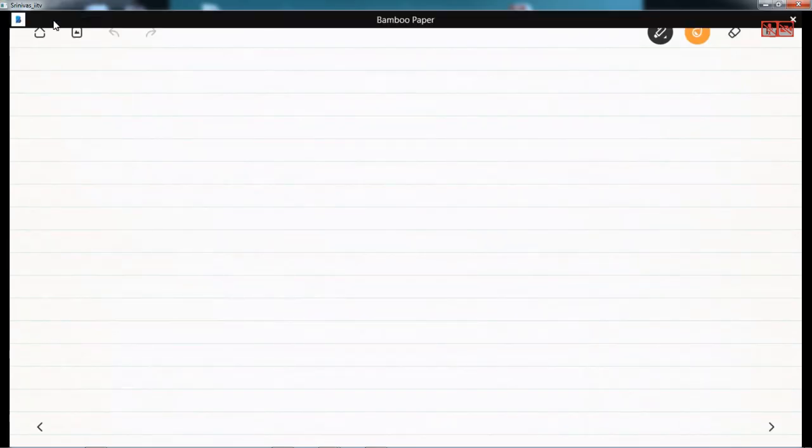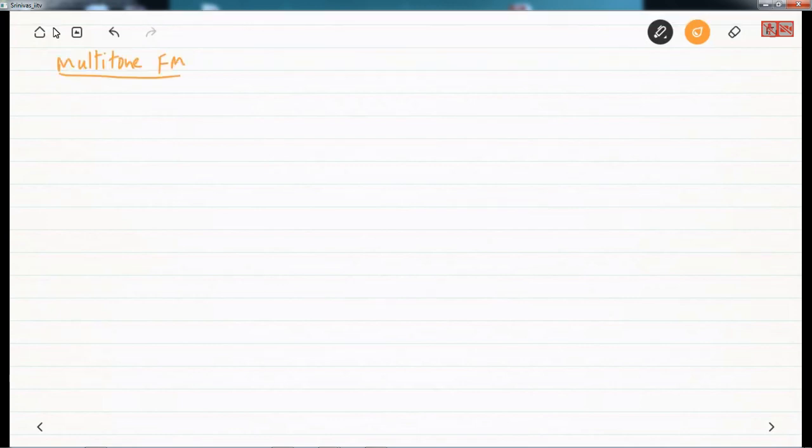So what we are trying to do is multi-tone FM. As I said, we are considering two frequencies, f1 and f2. Delta f1 is kf into a1 by f1, and the second modulation index beta 2 is delta f2 by f2, right?